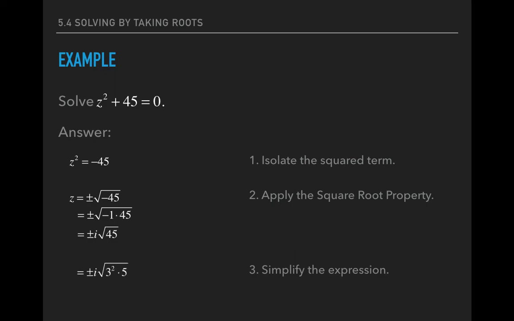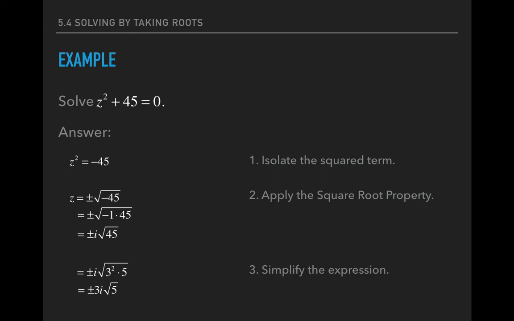We could simplify inside of our radical because 45 is not a perfect square, but there are some numbers in there that we can pull out. 45 is 9 times 5, and 9 is 3 squared. So we can pull out that 3, and our final answer would be positive or negative 3i times the square root of 5.